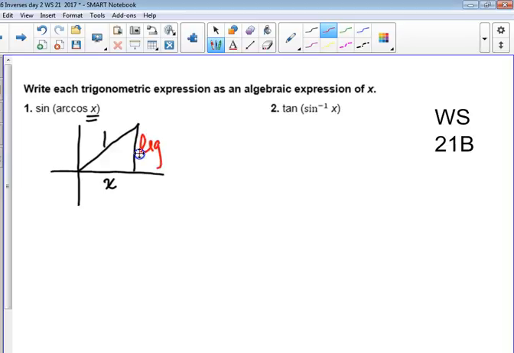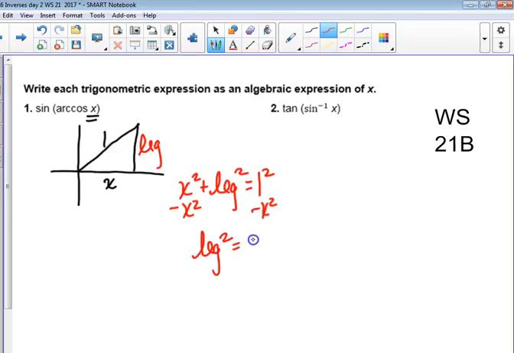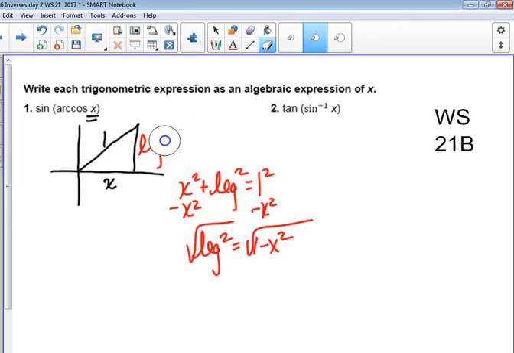But if this is the leg, I'd have x squared plus leg squared equals 1 squared. I'd subtract, and I'd have leg squared equals 1 squared, which is 1, minus x squared. Then I'd square root both sides. And we just learned, can I simplify that? No. So the mess we write here is actually the square root of 1 minus x squared.